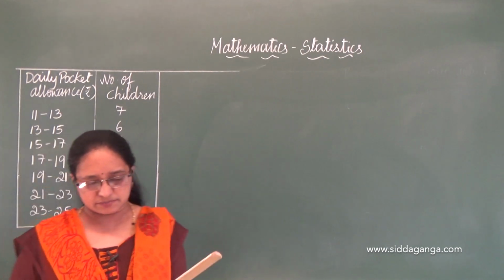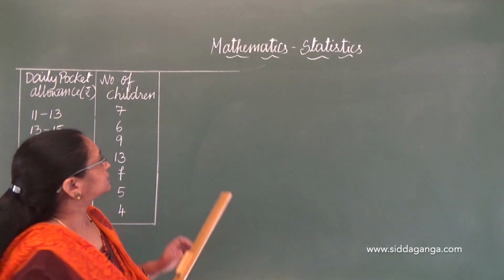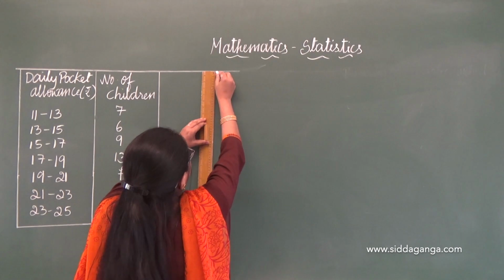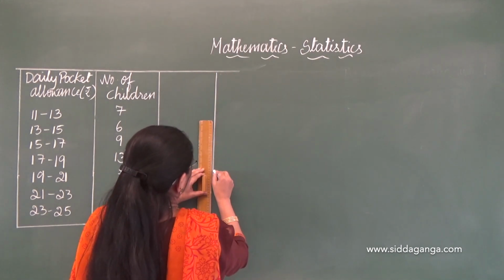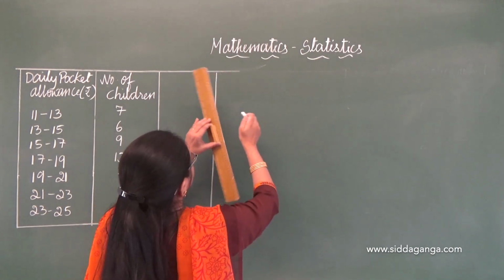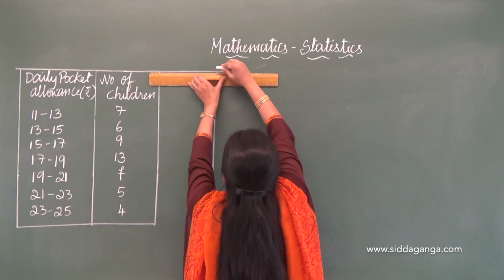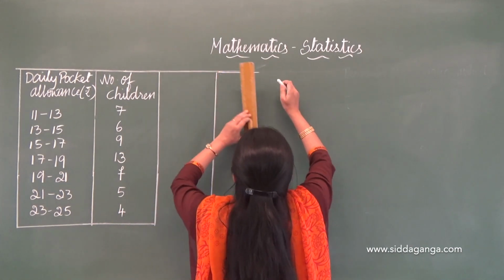Next, for the direct method, you all know the class mark. We need two more columns. One is the class mark, I hope you can recall, and the next one is Fi xi.